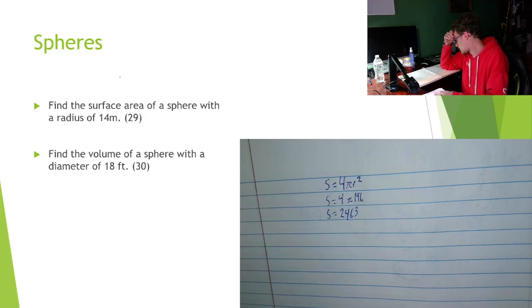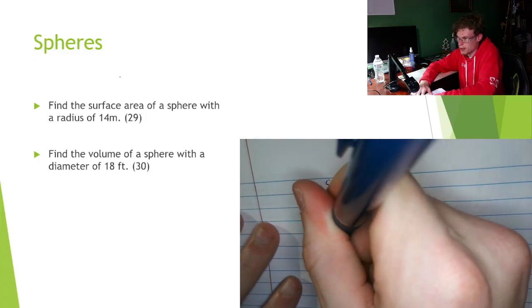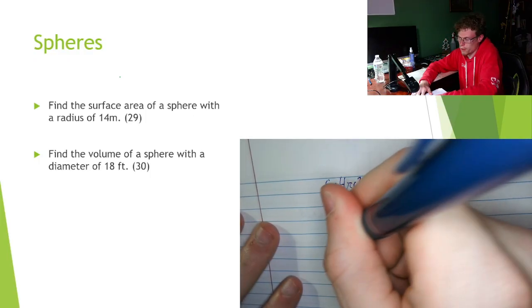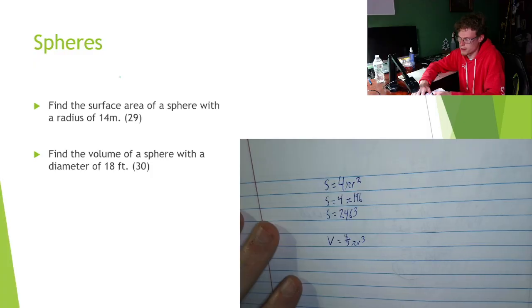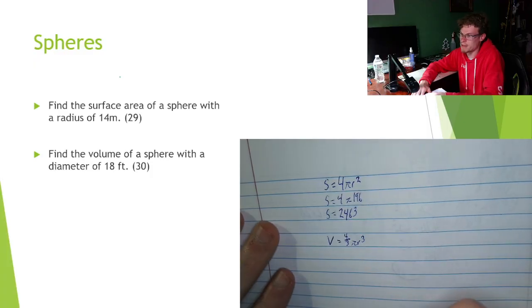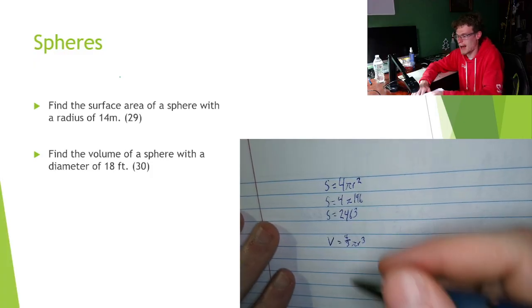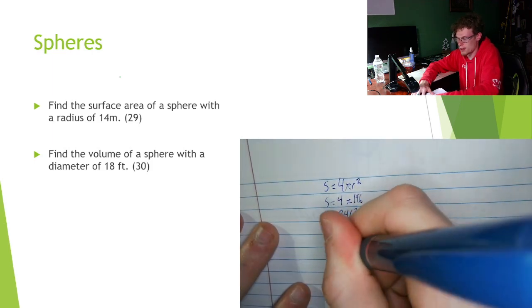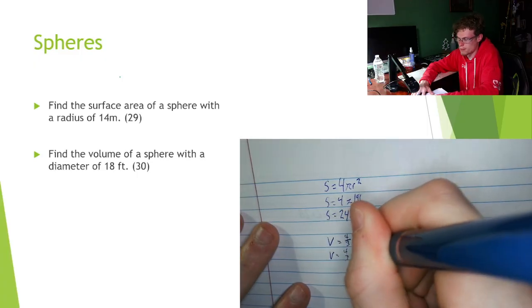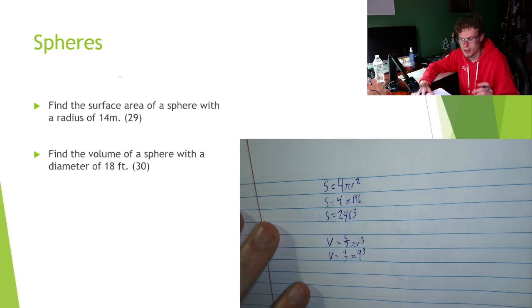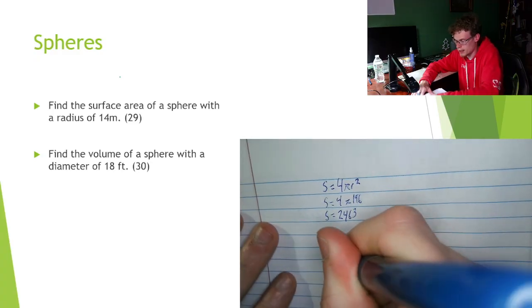Volume of a sphere. The volume of a sphere is 4 over 3 pi r cubed. I know my diameter is 18 feet, but that's not a radius. My radius is 9. It's half the diameter. What's 9 to the third? 729.